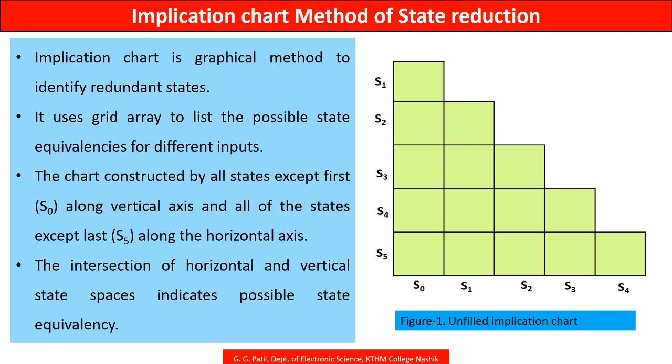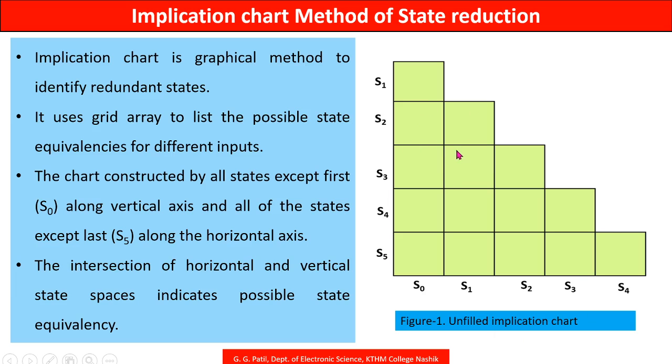First, we shall discuss the implication chart, how the implication chart is constructed and how it is used for state reduction of sequential state machine. Here in this picture, the unfilled implication chart is shown.